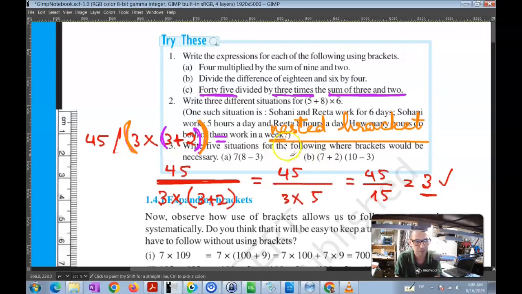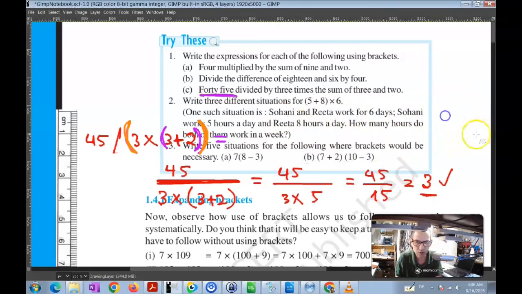Whenever you have this kind of situation, you will have to move inside all of the brackets, and the innermost bracket you will evaluate first, and then you come out one more step, and one more step, and one more step. You keep coming out and you keep evaluating until you get to the outermost brackets.